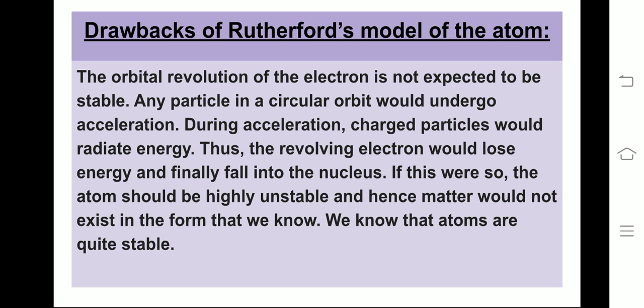The orbital revolution of the electron is not expected to be stable. Any particle in a circular orbit would undergo acceleration. During acceleration, charged particles would radiate energy. Thus, the revolving electron would lose energy and finally fall into the nucleus.